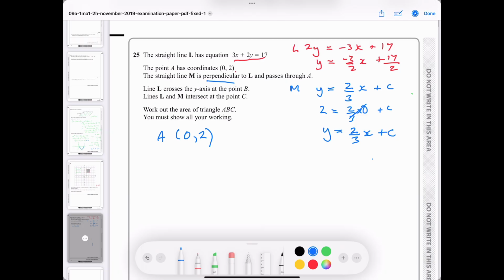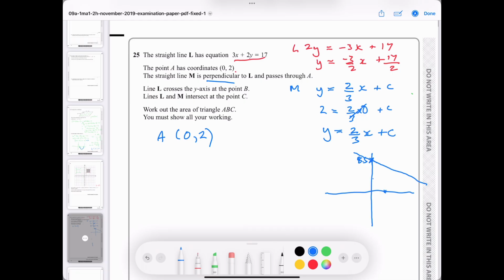So if L looks like this, L is going downwards, so it goes through 8, 2, or rather 17, 8.5. It's going downwards that way, ish. And then M goes through 0, 2.